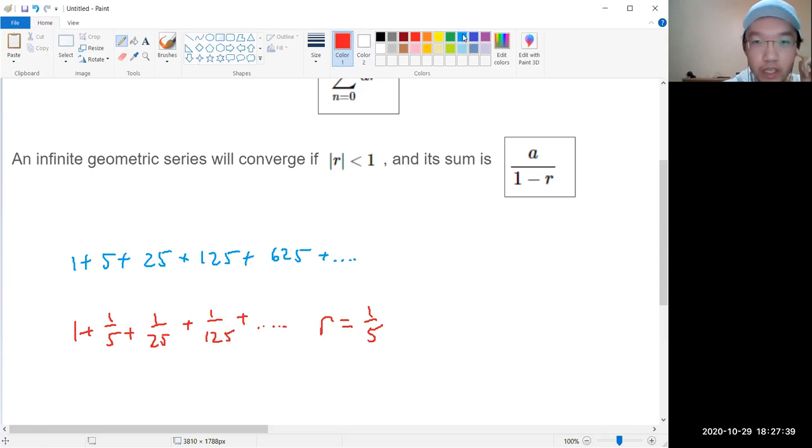But in the first one that I wrote, the common ratio was 5, right? So based off of these two examples, do you guys think you have an explanation as to why the common ratio needs to be less than 1 in order for a series to converge?